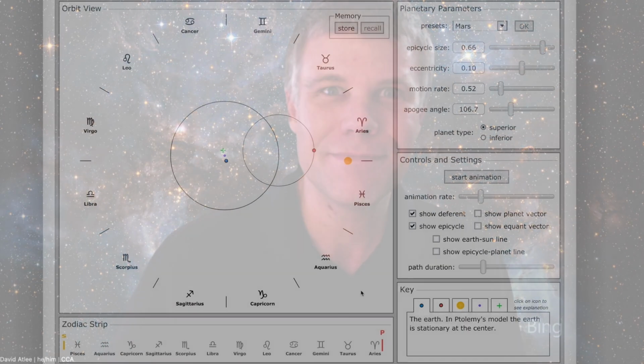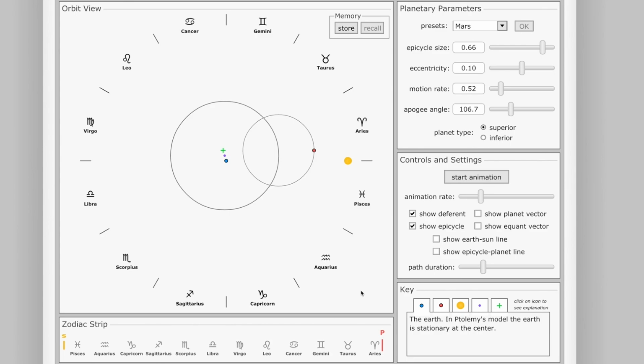Let's get started. This is the Ptolemaic Solar System Simulator from NAAP Labs run by the University of Nebraska at Lincoln. This simulator demonstrates how epicycles can be used to reproduce the observed behaviors of planets when they go into retrograde.